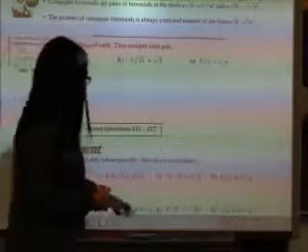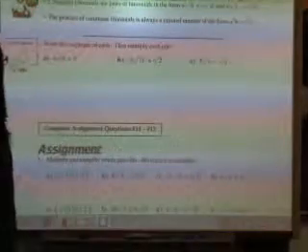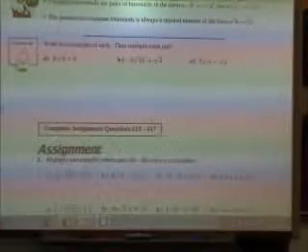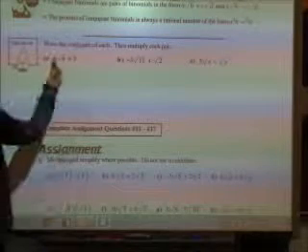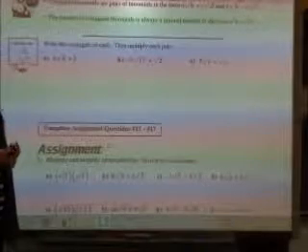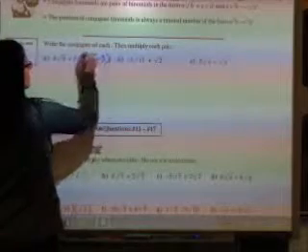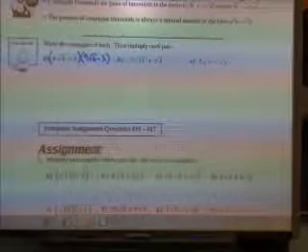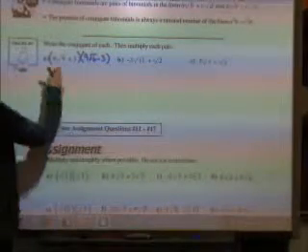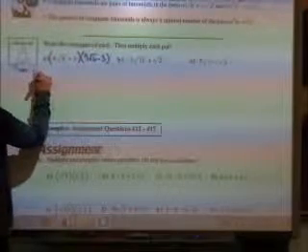So what I want you to do, we are going to write the conjugate and then multiply it. So if I have the expression 4 root 6 plus 3, what's the conjugate going to be? And then when I go to multiply this stuff out, 4 times 4 is 16.